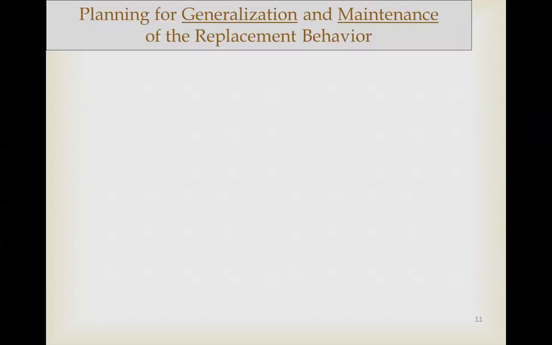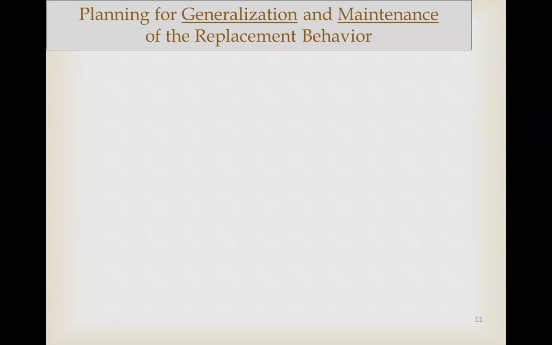And so we need to systematically prepare for generalization and maintenance of the replacement behavior. Hope is not a method, right? Baer, Wolf, and Risley all those years ago in 1968 told us to train and not hope, not train and hope, rather.